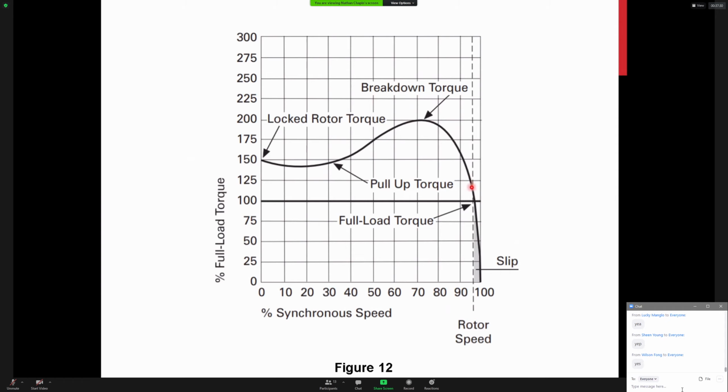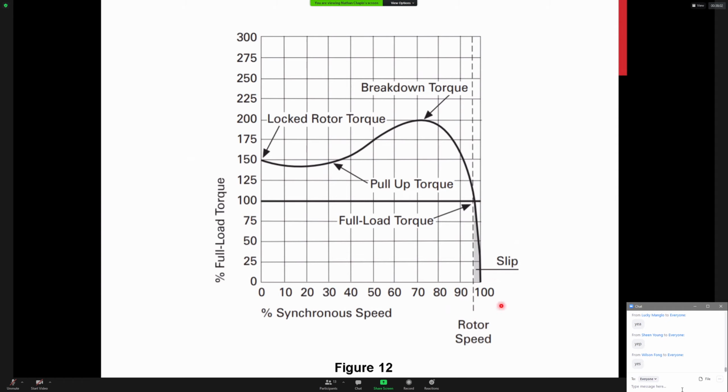And then we'll settle in somewhere around the, notice this is 100% of our full load torque here, which would be the rated torque of a motor. And the rated torque of a motor is going to give you the approximate speed. So see, this is rotor speed right here. So I would say that this motor, based on this diagram, looks like this line is about 96%, which means it's operating at a 4% slip.